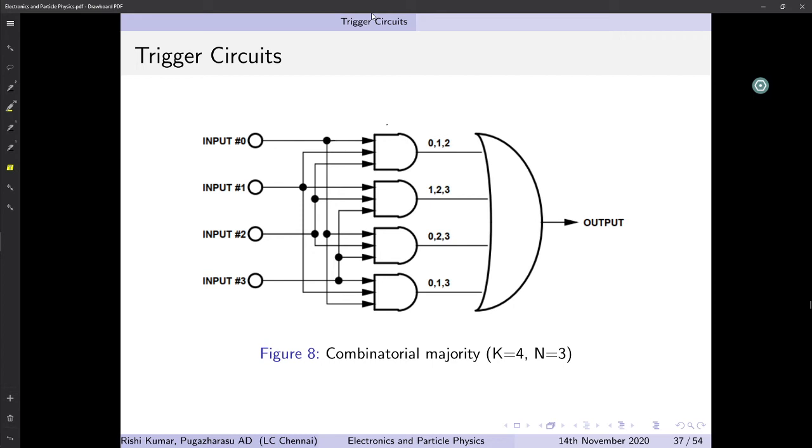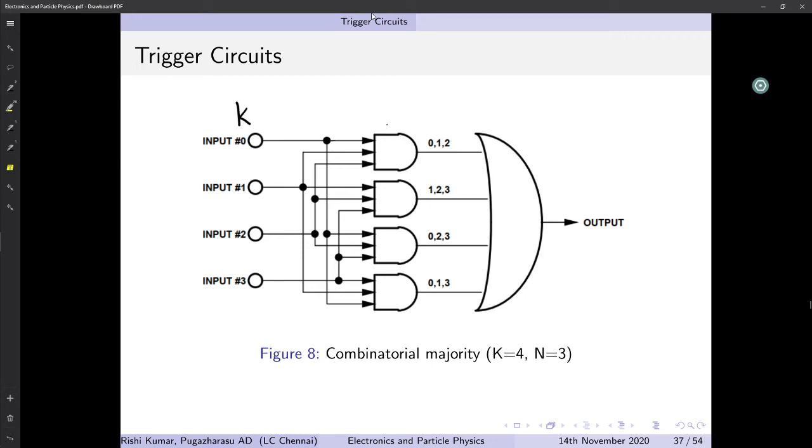But again, you can get more complicated, and to throw in a little bit of math in here, the majority circuit usually has k inputs, and when the number of active inputs is n, it actually outputs something.